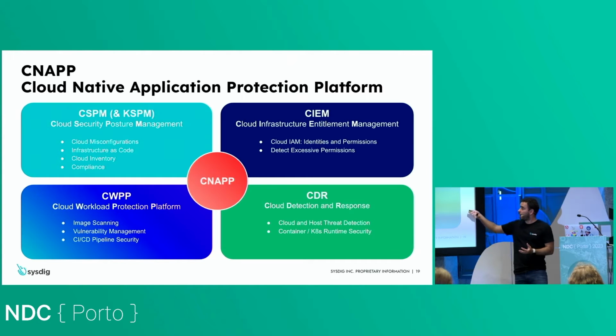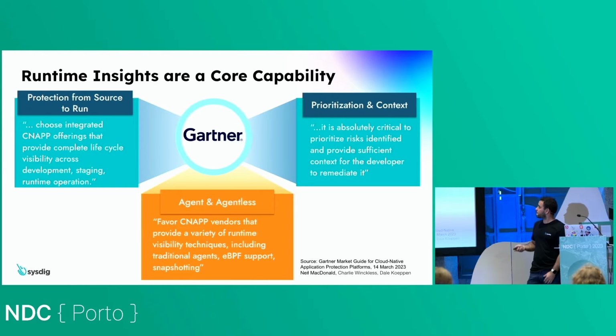In the past, you would have one company or one open source tool doing this, another enterprise company doing that, and that's just not cost effective. By uniting all of those under a single enterprise vendor, it just makes it better for you in terms of cost, in terms of your teams learning faster. It is all under the same product, right? So that's the trend of the industry right now.